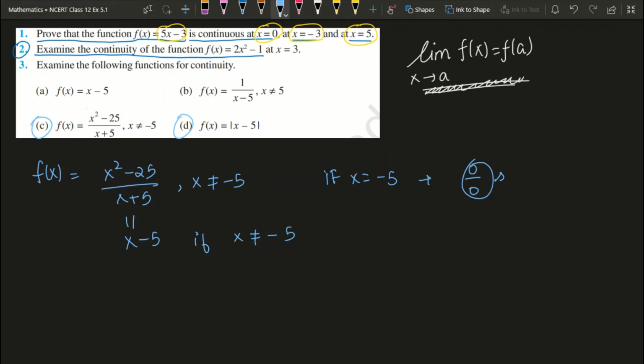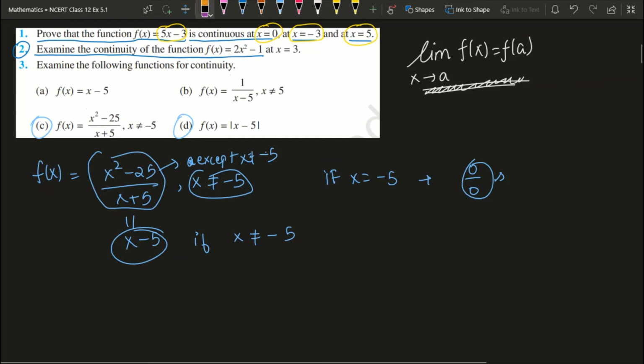However, the limit would still exist. The original function is continuous at all points except x equals negative 5. However, x equals negative 5 is already excluded from the quotient, so we don't need to worry about that.